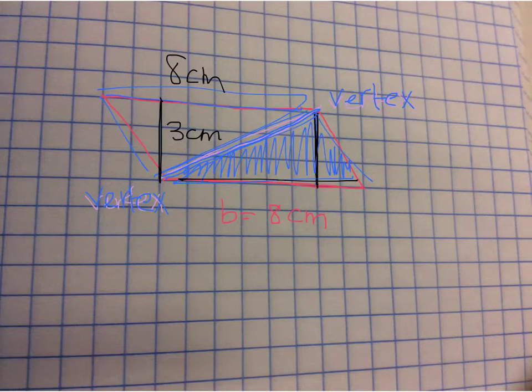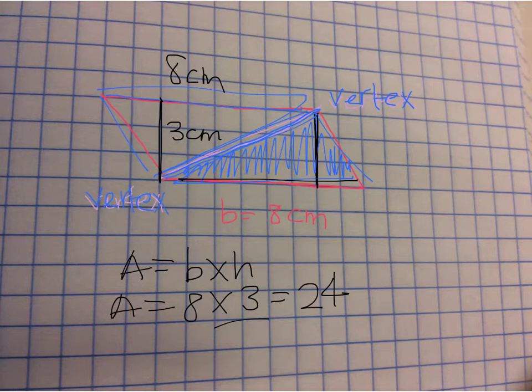So if you were to do that, then we know we take base times height. So we take area equals base times height. Area equals 8 times 3, which equals 24. But that's the area of a parallelogram. What do I have to do to figure out the triangle? Varsha. Divide by what?